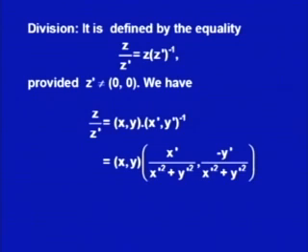And this product will be equal to x comma y, that is x plus i y, this complex number as such, and the inverse as we have defined earlier. We can write this inverse equal to x dash by x dash square plus y dash square comma or plus i times minus y dash by x dash square plus y dash square.